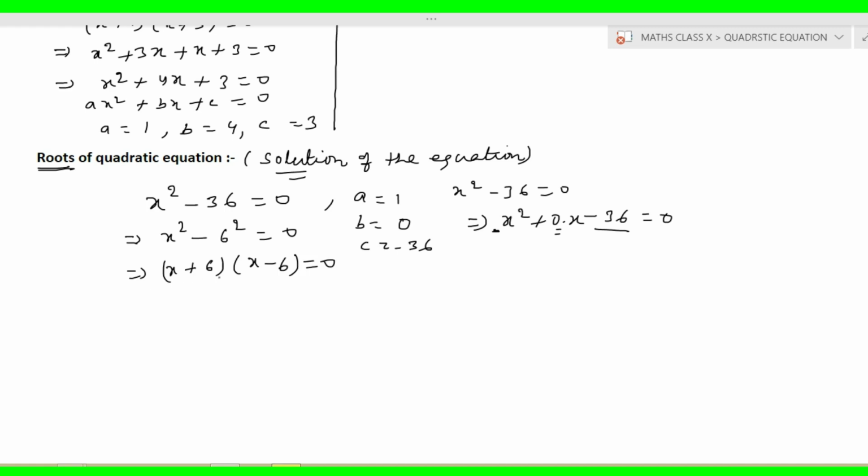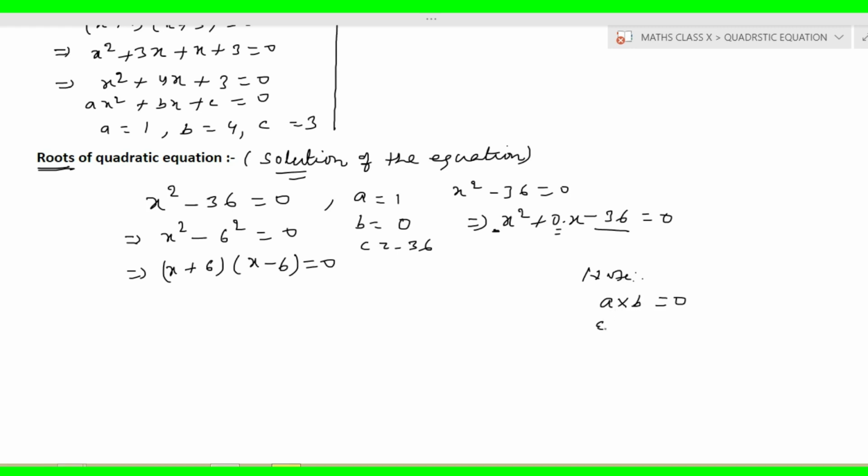For any two numbers whose product is 0, it is only possible if either one of them is 0. Take note: if one number is a and the other number is b, and a into b equal to 0, then if a and b are both non-zero, the product can never be 0.